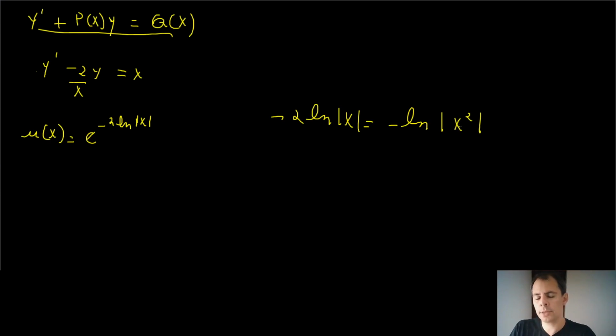But x squared is always going to be positive, so we can get rid of the absolute value sign. So ln of x squared. So I'm going to do that in here: minus ln of x squared.